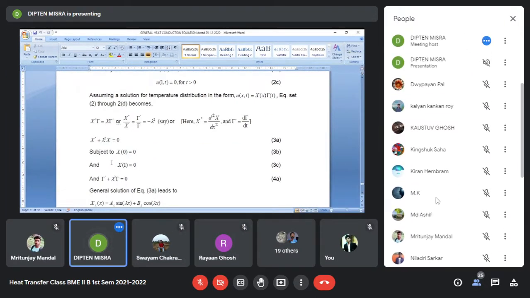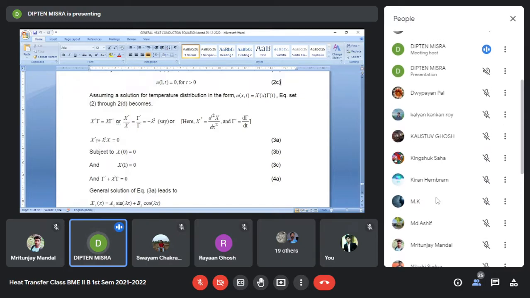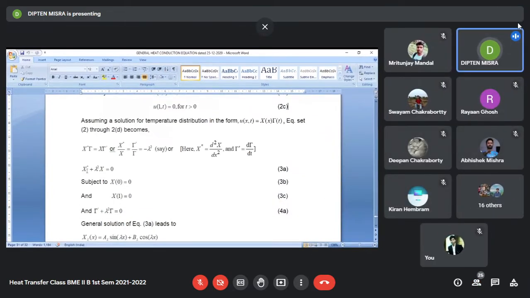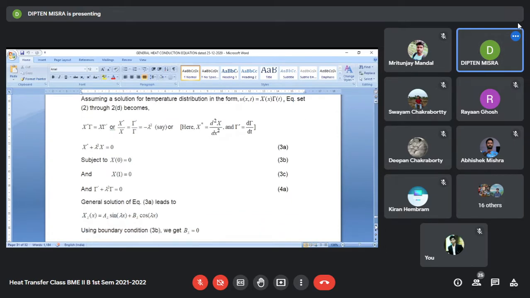Now from this second order ordinary differential equation given by d2X/dx square plus lambda square X is equal to 0, the solution can be X is equal to A sine lambda x plus B cos lambda x. Now here, this lambda value is not only one kind of thing.